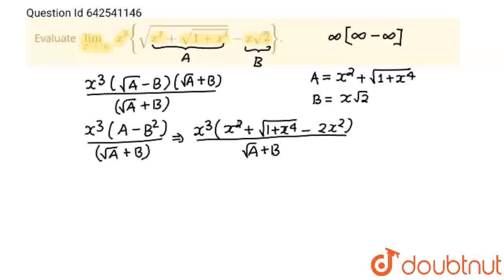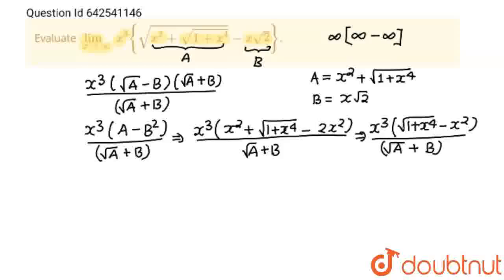Okay, so this x square minus 2x square will become minus x square. So this is x cube, and this will become square root of 1 plus x to the power 4 minus x square upon square root a. I am going to write only square root a, and I will write this again plus b.